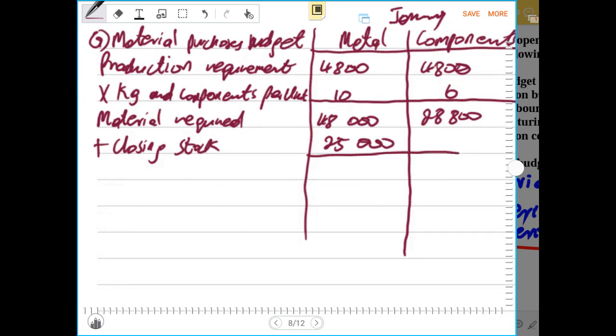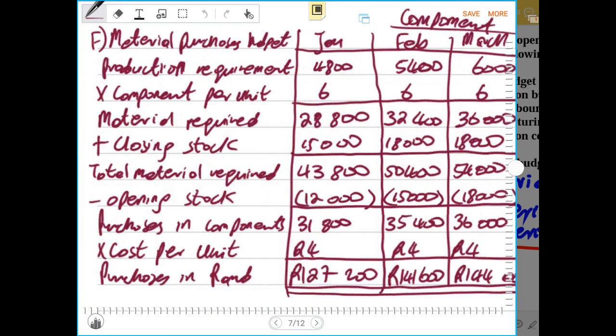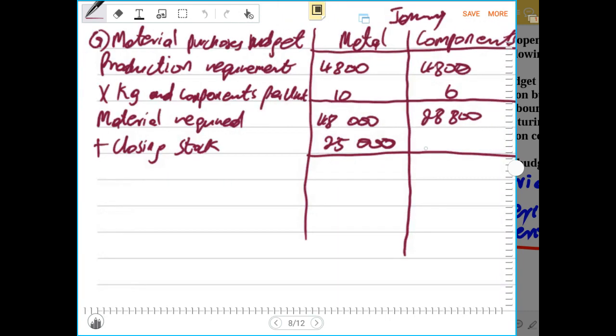25,000, and closing with regard to component for the month of January was 15,000. So we record that 15,000 as it is.